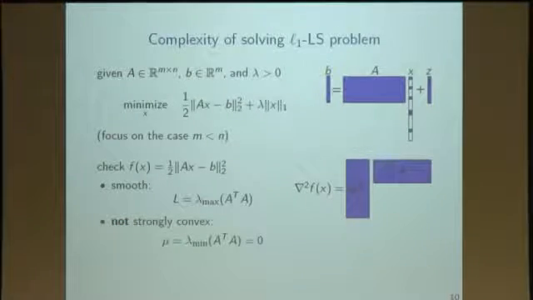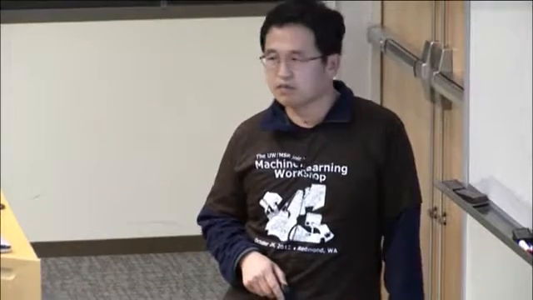So it's good for Taylor expansion. But it's not strongly convex, because the minimum eigenvalue is 0, since this matrix has rank m. So that means we only expect a sublinear convergence rate, either this or that, depending on whether you use acceleration or not. That's the verdict from the theory if you check the function.